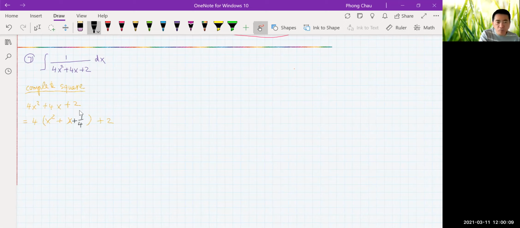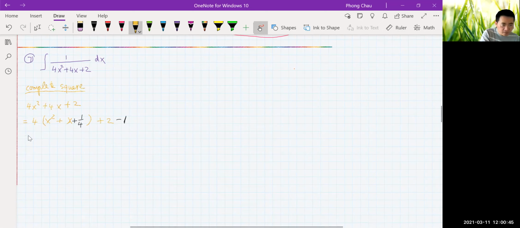So I'm adding 1/4 inside of the parentheses. As you multiply it out, it will be 4 times 1/4. So we're actually adding an extra 1 in the form of 4 times 1/4. So we need to subtract a 1 in this case. Make sure you multiply it out and cancel to see if that equals the original expression.